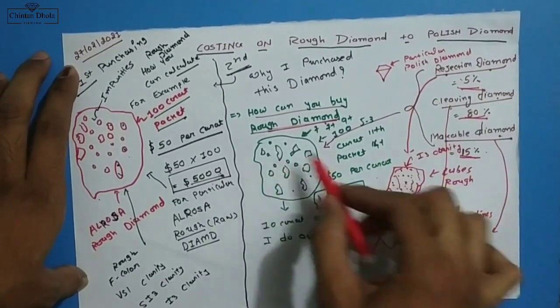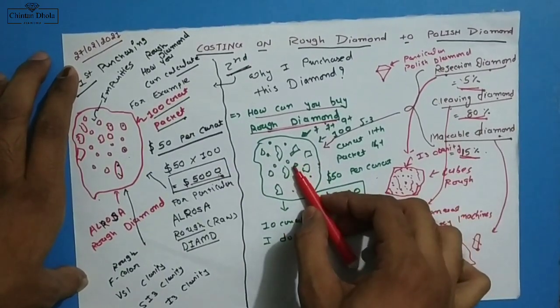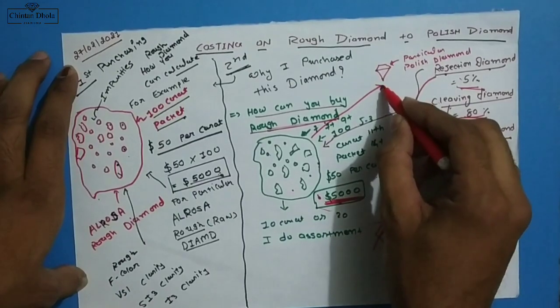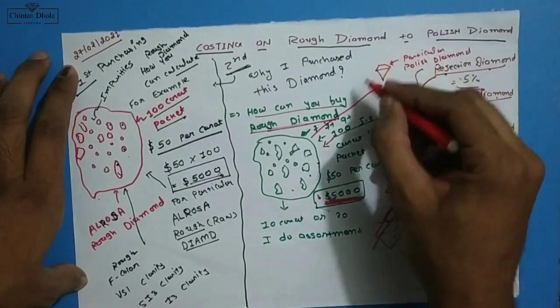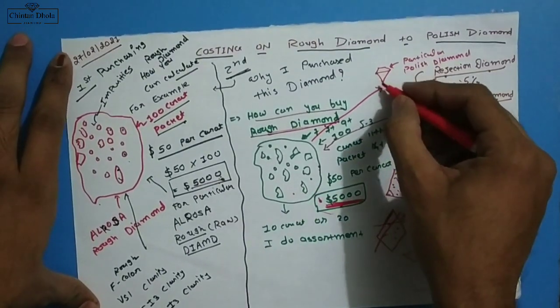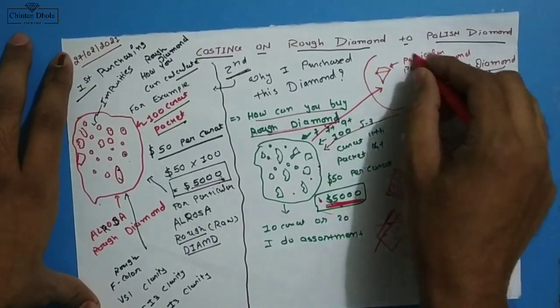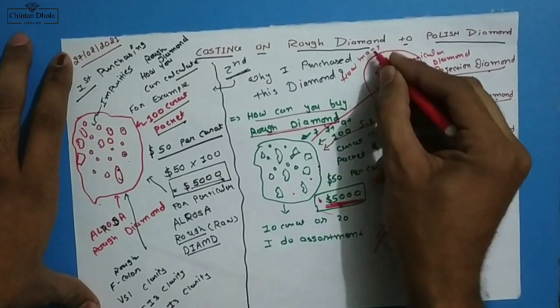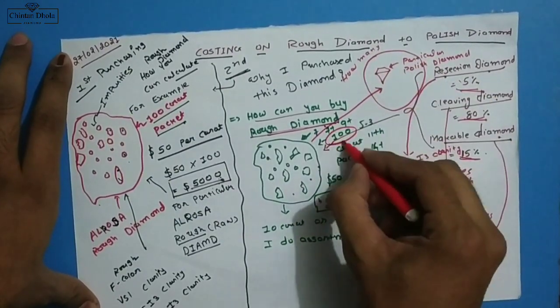Now I have to do different kinds of process on it, and then I get this polished diamond, and finally I will tell you what is the exact price for me for this particular rough diamond and how many percentage I got from 100 carat.